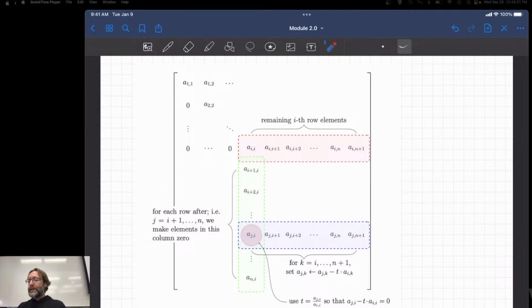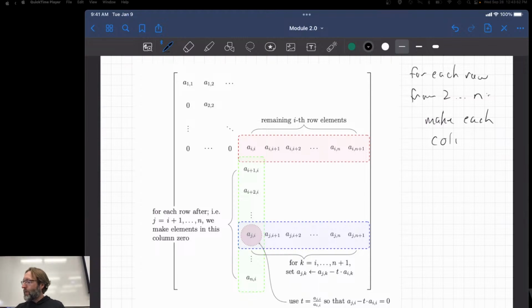So this forms the basis of the algorithm. For each row, from 2 up to row n, the last one, I have to make each column i, and if I give this an i here, i plus 1 up to n, zeros.